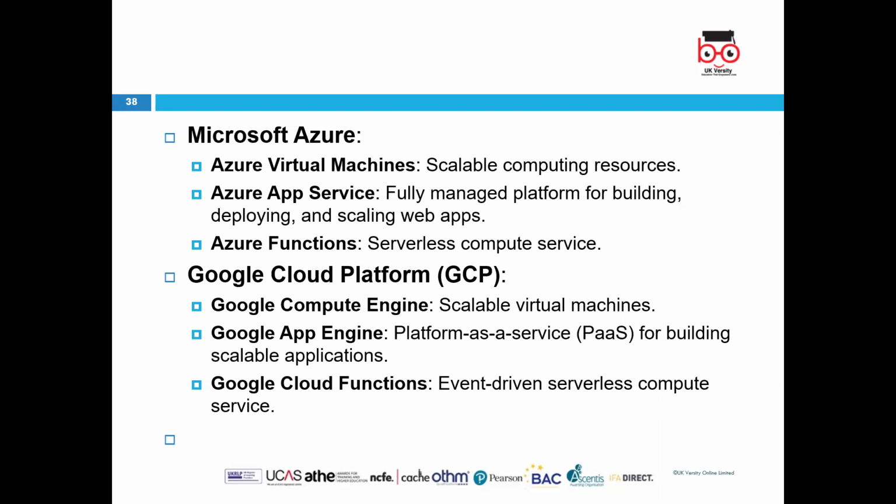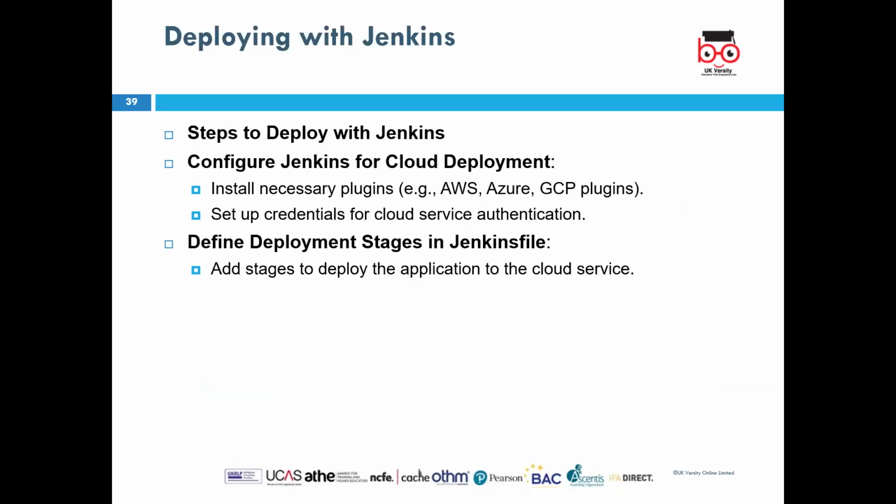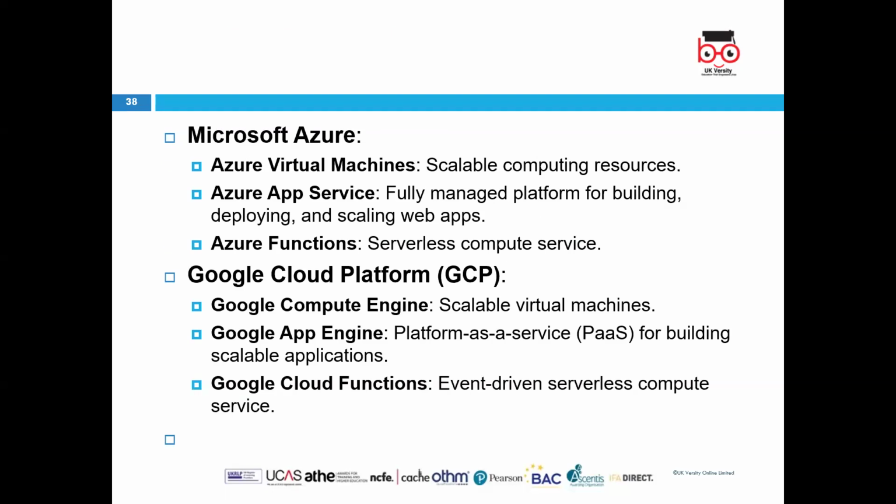Then we have Google Cloud Platform, which comes with Google Compute Engine, Google App Engine, and Google Cloud Functions. These are the most popular ones, but then we have IBM Cloud, we have Terramark, and many other less known companies.